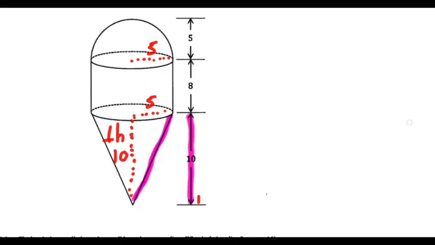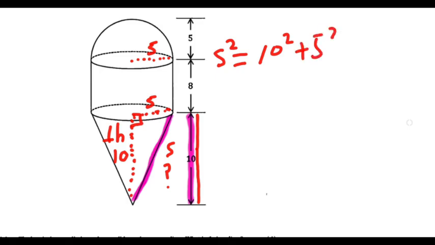So this one and this one, they are parallel to each other, so we got 10. So the perpendicular height we got 10. The slant height we're looking for, we don't have the side height. So I'm going to apply Pythagoras here to find the slant height. We're looking for the longer side, so s squared is equal to the two shorter sides, you must add 10 squared plus 5 squared. I use my calculator.